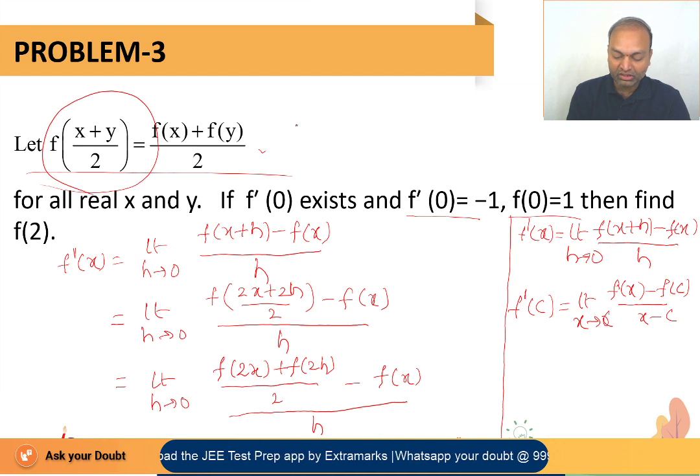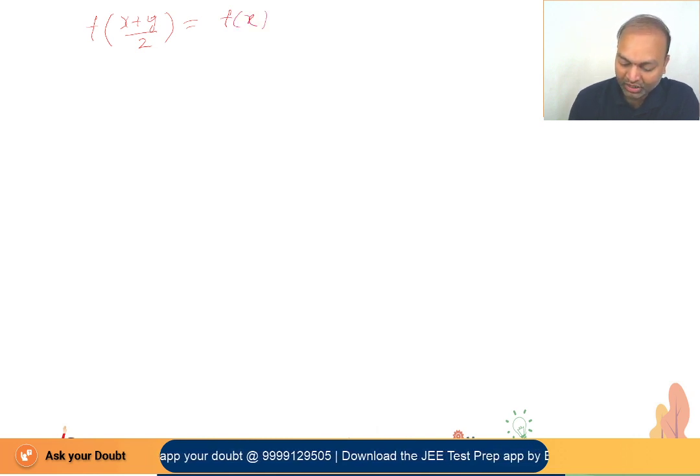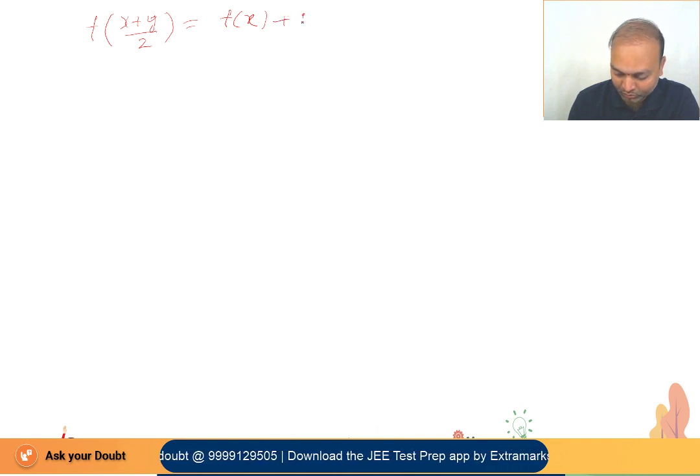Once again I am using this condition: f of (x plus y) by 2 is equal to f of x plus f of y, whole divided by 2.